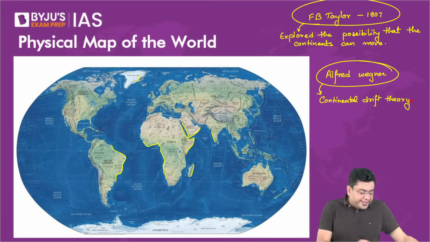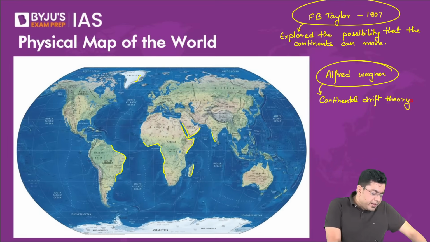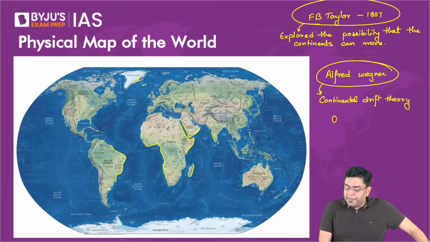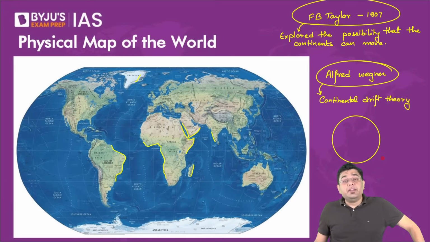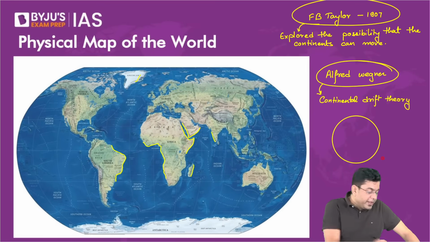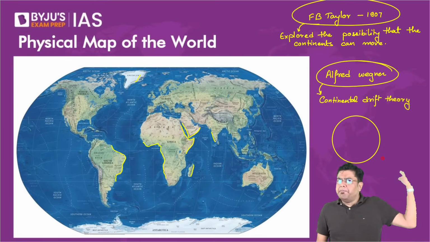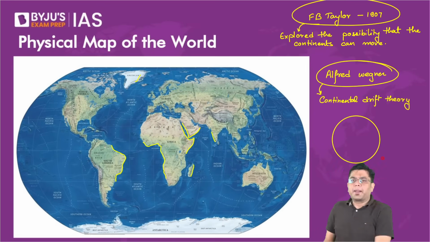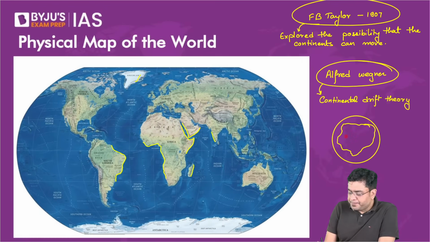So, what he said was that if we infer and interpolate the various evidences exhibited by the different scientists, it tells us that a long time back, rather than having all these various continents, we had a large supercontinent, which he named Pangea.